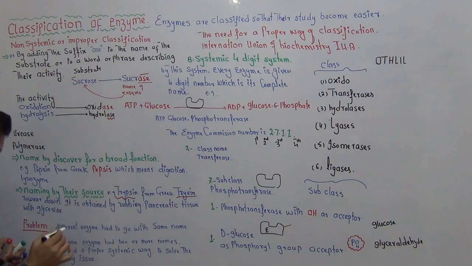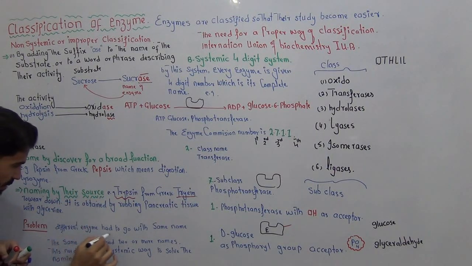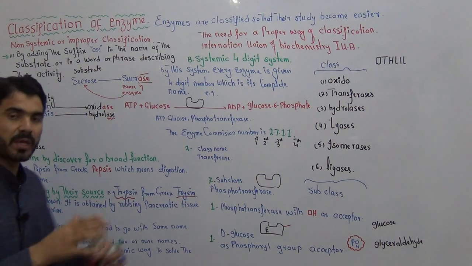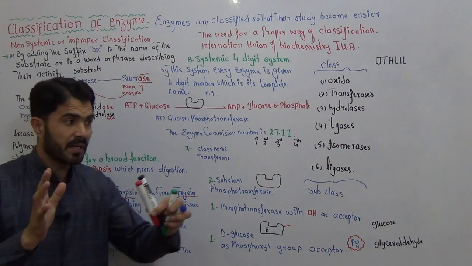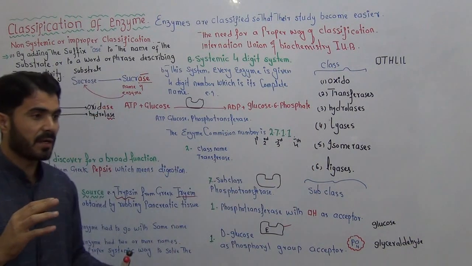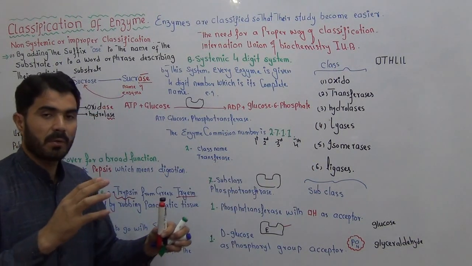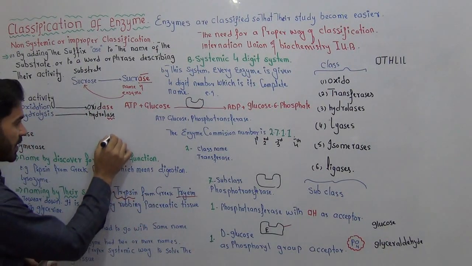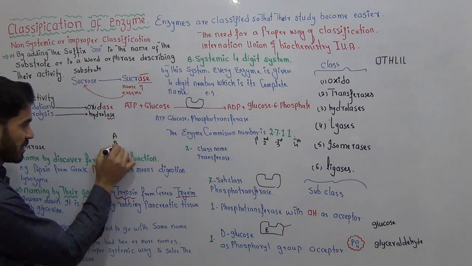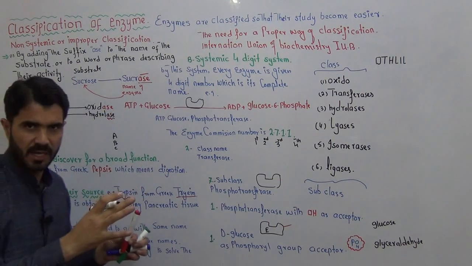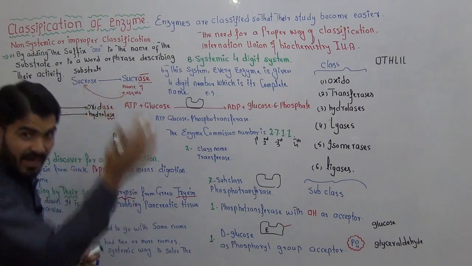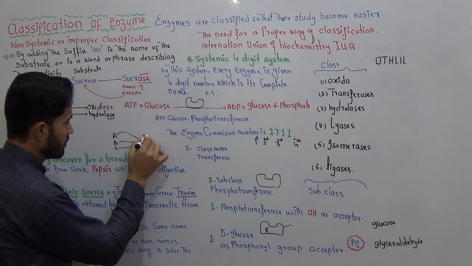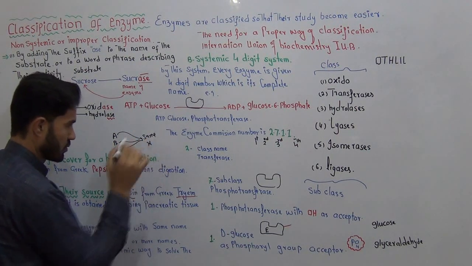The first one, here I have mentioned different enzymes had to go with the same name. The first problem is that at that time we had different enzymes, and all these enzymes had to go with the same name. For example, you have enzyme A, enzyme B, enzyme C. These are different enzymes, and by that time all of these different enzymes were given the same name X, let's suppose.